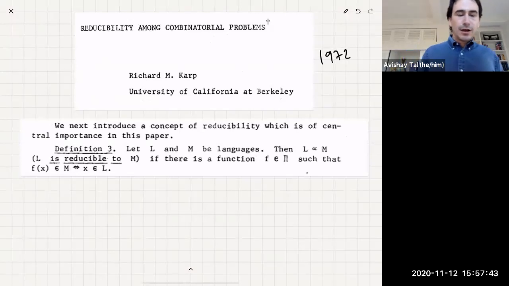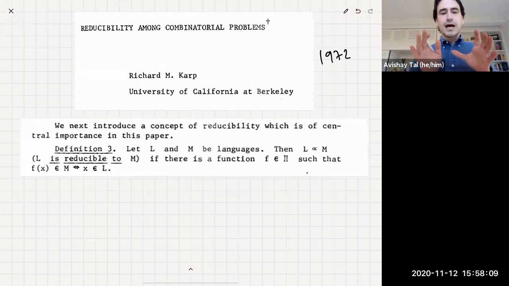And now I want to move to today's topic, which is reductions between combinatorial problems. So this is a paper by Richard Karp, from UC Berkeley. He published this paper in 1972, one year after this result by Stephen Cook. This theorem that you can reduce every problem in NP to circuit SAT was proved by Stephen Cook, who was also a professor at Berkeley at the time.